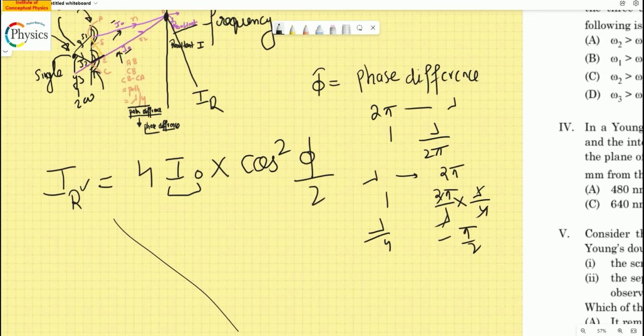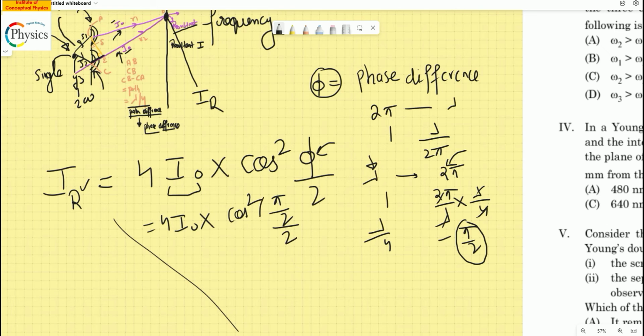So our phi, which we calculated by converting path difference into phase difference, because we are interested in phi, comes out to be pi by 2. The intensity is 4I naught into cos square phi by 2, so phi by 2 becomes pi by 4. 4I naught into cos square pi by 4.